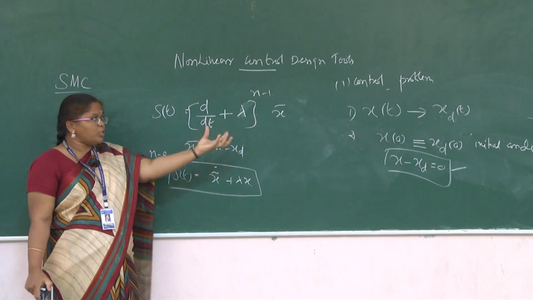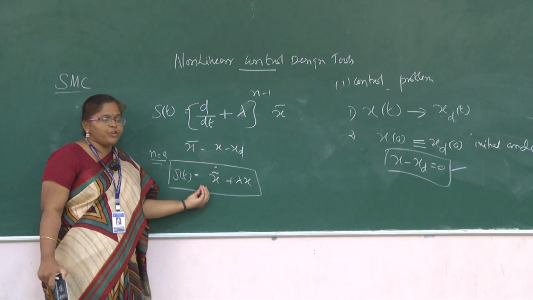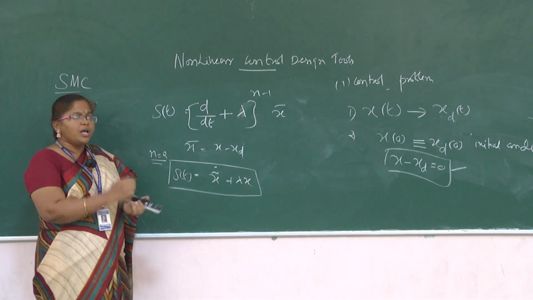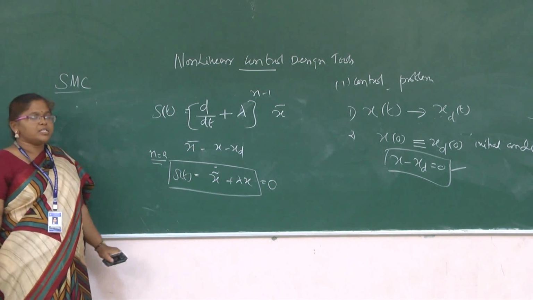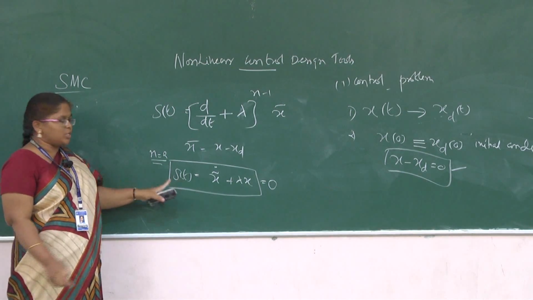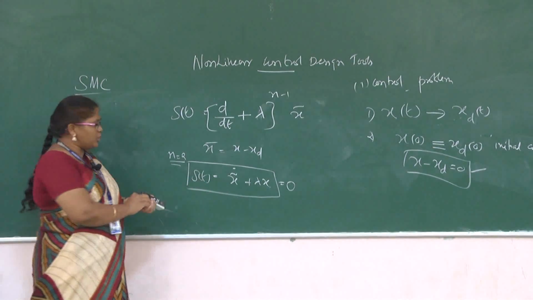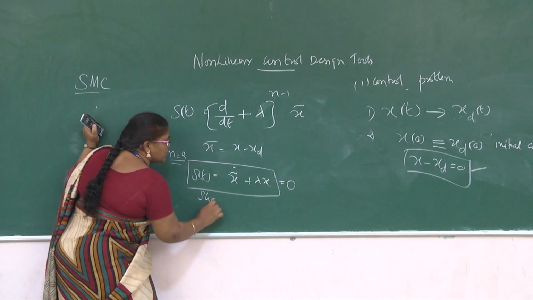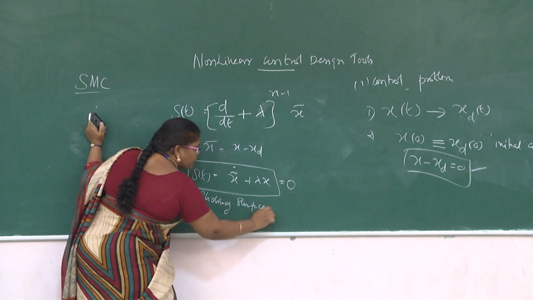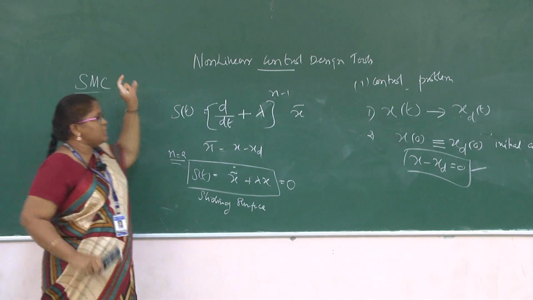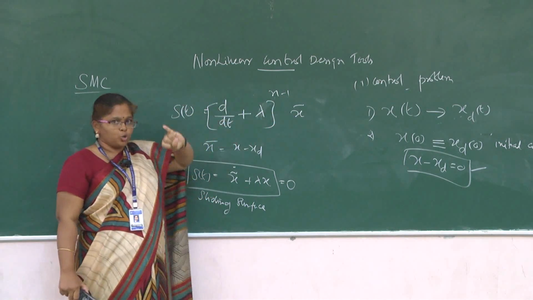If you keep that variable on the surface, then it is automatically achieved, and additionally, if we equate this to 0, we can easily achieve this. So this is one condition. This is called the sliding function, and also the sliding surface, and later I will tell you why it is called a sliding surface. So far, what we have done is first designed the control problem.